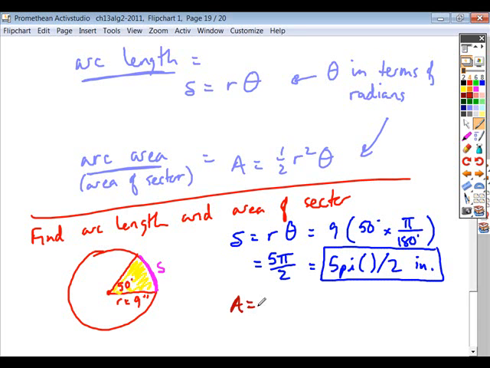All right, guys. So the area calculation then, 1/2 the radius squared times the central angle measured in radians. So once again, we take 1/2. Here we have our radius, which is 9 squared, times the same conversion. So 50 degrees times pi over 180.